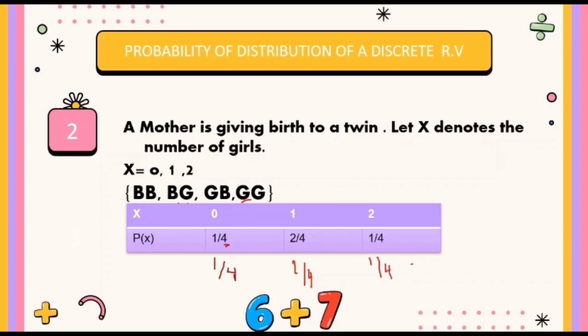And the total of that is 4 over 4, or we can also reduce it and turn it to 1. So that means our table right here is correct.